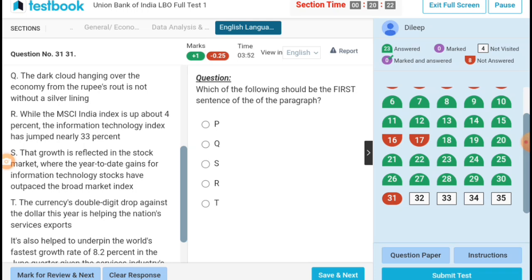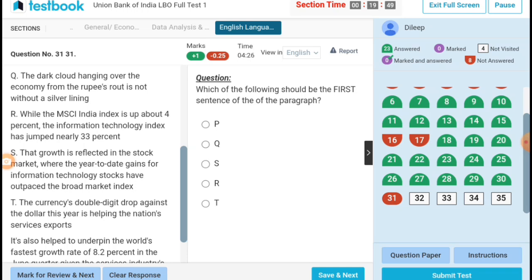So TP. While the MSCI India index is up about 4%, the information technology index has jumped nearly 33%. The currency's double-digit drop against the dollar this year is helping the nation's service exports.